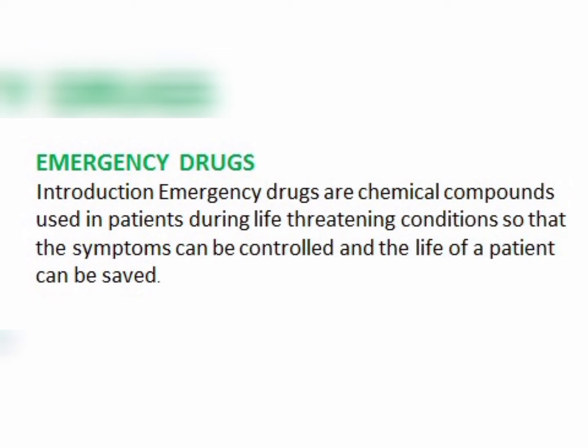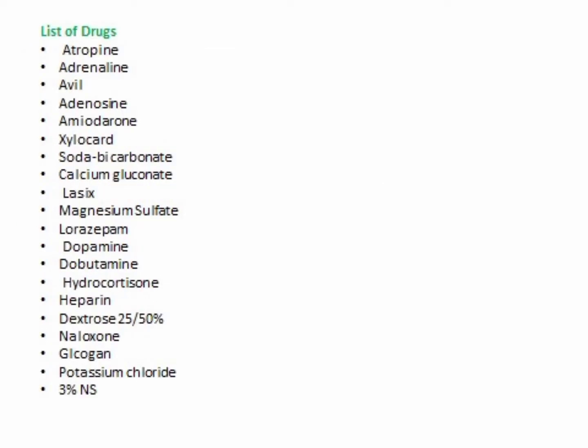The list of emergency drugs: injection atropine, injection adrenaline, Avil, adenosine, amiodarone, xylocard, soda bicarb, calcium gluconate, Lasix, magnesium sulfate, lorazepam, dopamine, dobutamine, hydrocortisone, heparin, dextrose 25% or 50%, naloxone, glucagon, potassium chloride and 3% NS. These are all the emergency drugs.